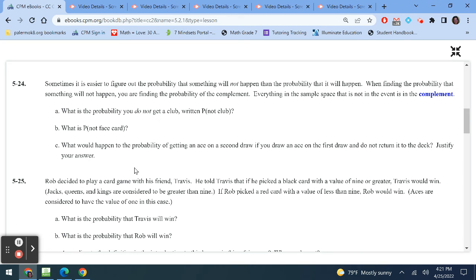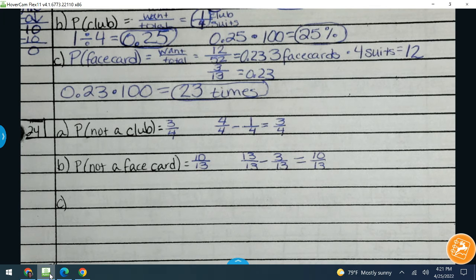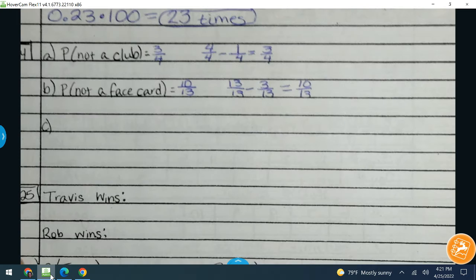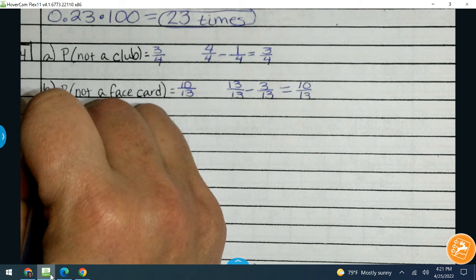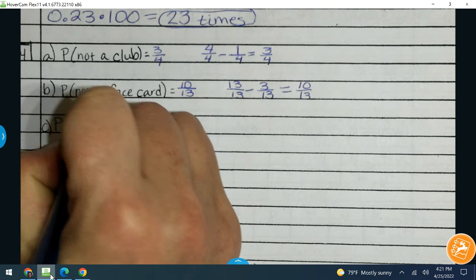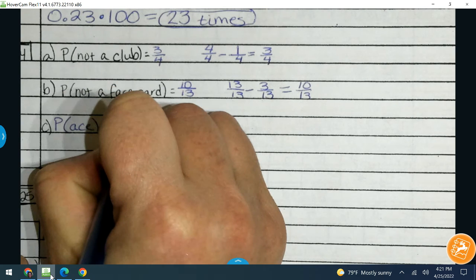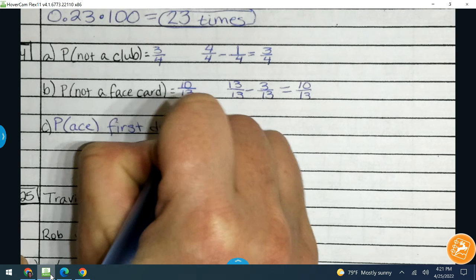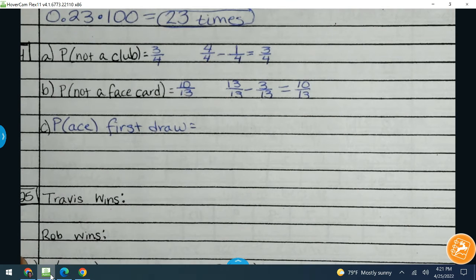So the first thing that we need to do is figure out what's the probability of drawing an ace on the first draw. On this one here, I'm not going to simplify it just because of the nature of the problem.